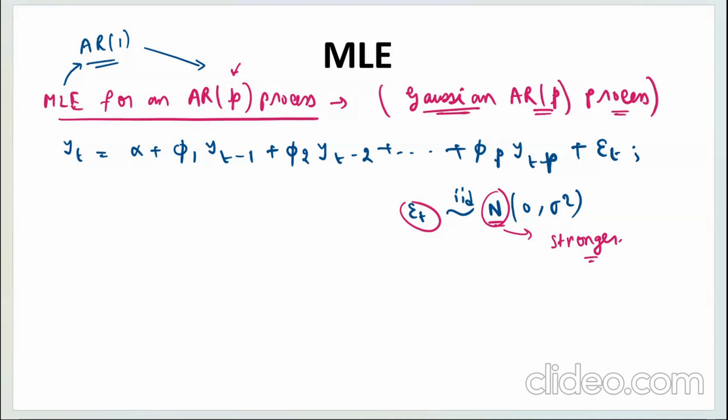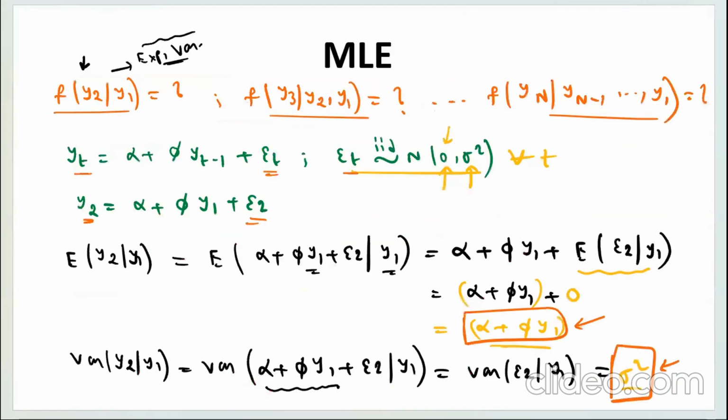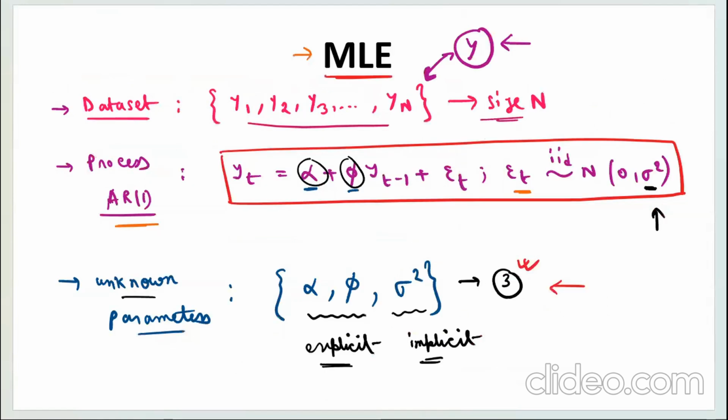Now, as I told you in the case of the AR1 process, we have to assume that we have taken a data set y1, y2 up to yn from this specific process, which is a time series data set of size n from this AR(p) process. In the previous video, let's recap a little bit: I started with this data set and told you that it is taken from the AR1 process.